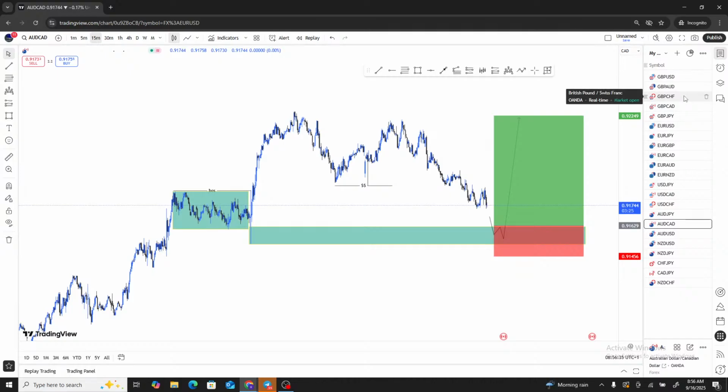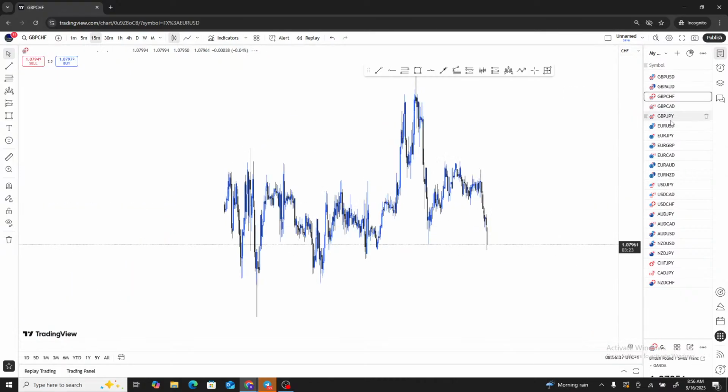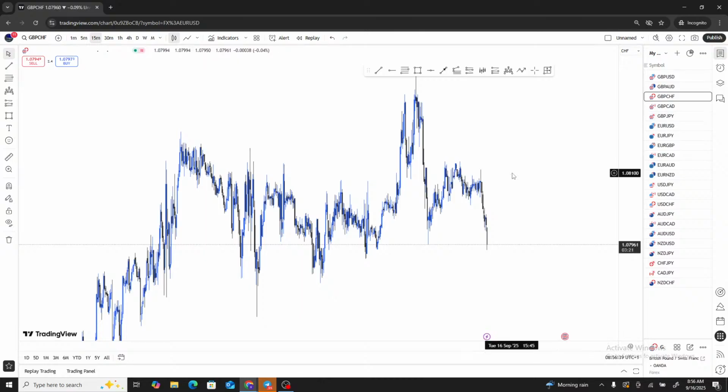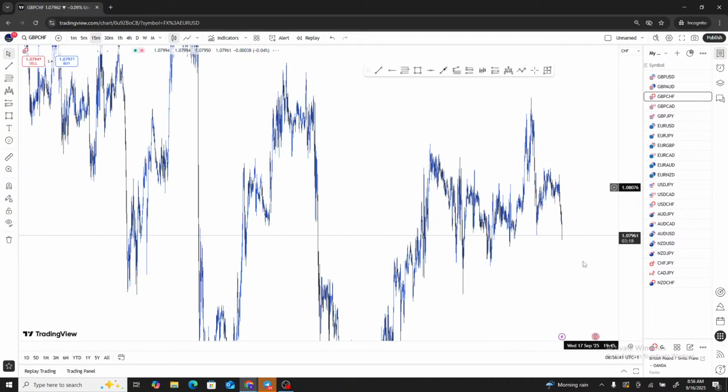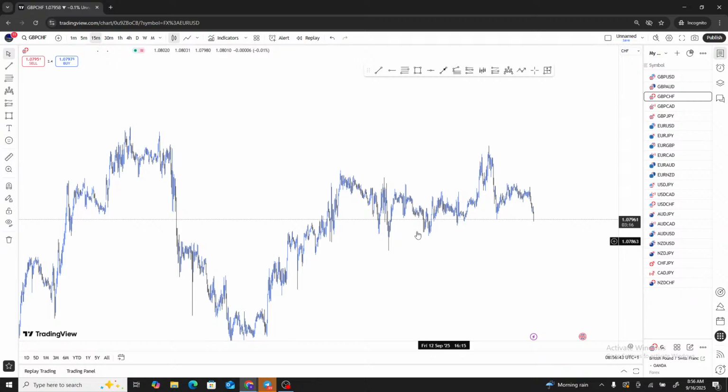So let's check another pair, maybe GBP CHF. The charts are not very clean on GBP CHF.